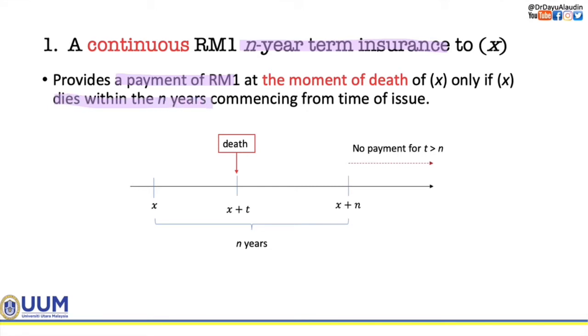So if the death happens within the N years, the insured will get 1 ringgit. However, if death happens after N years, no payment will be made.